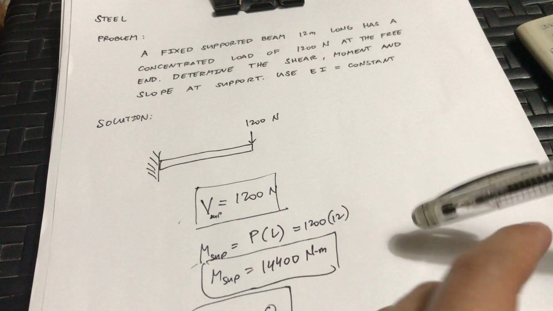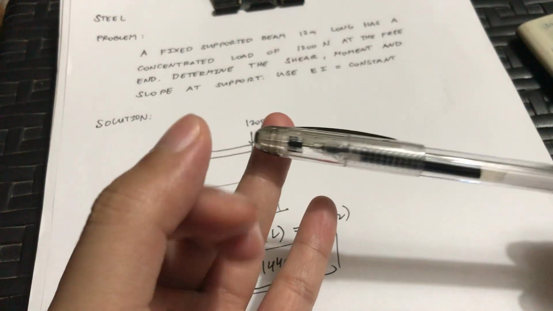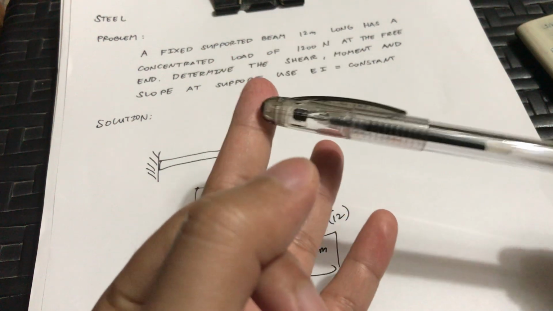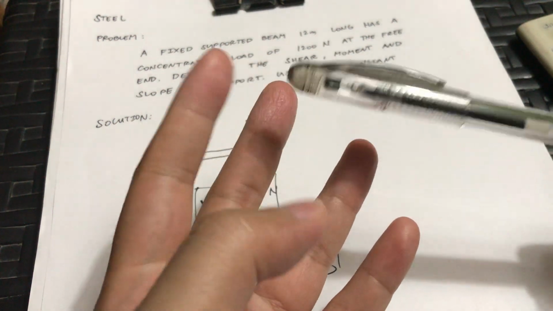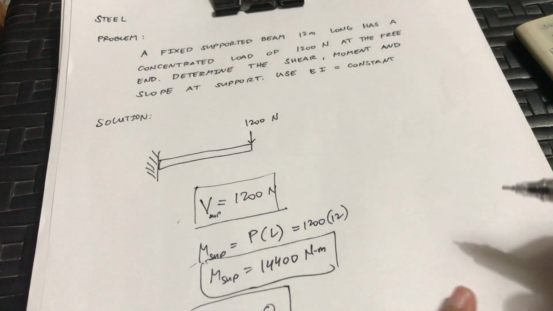The common beam setups are fixed supported. We also have the simply supported. We also have the propped end beam and the double fixed end, meaning both ends are fixed.